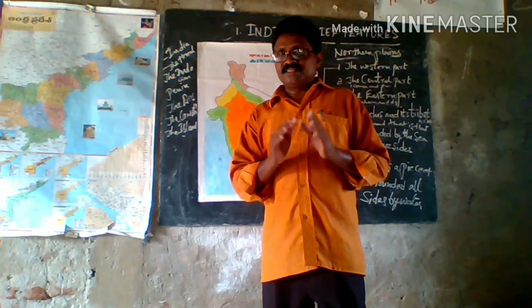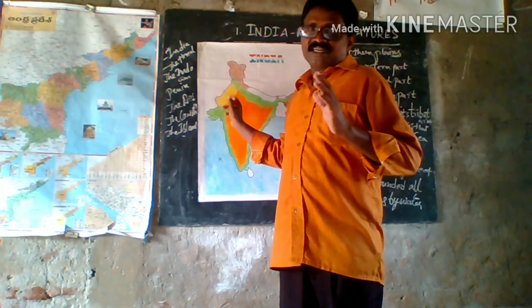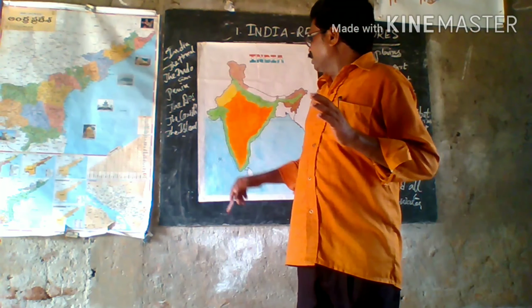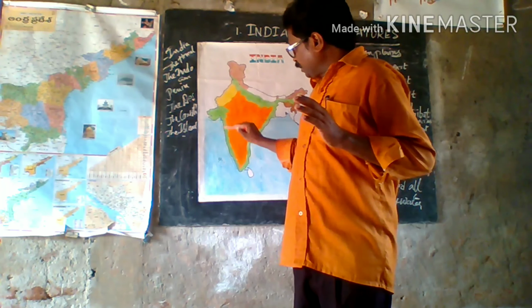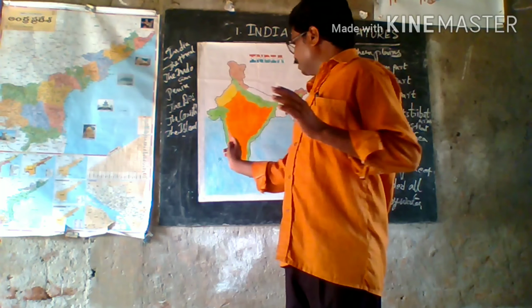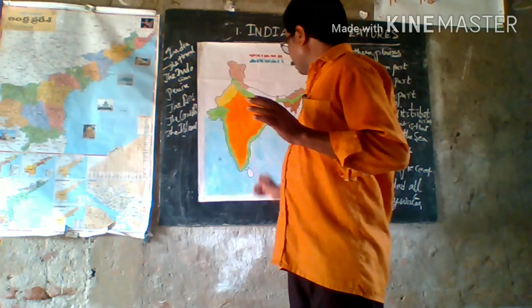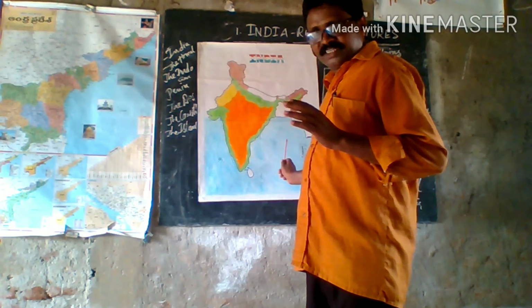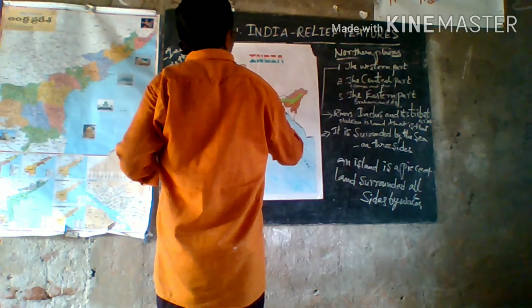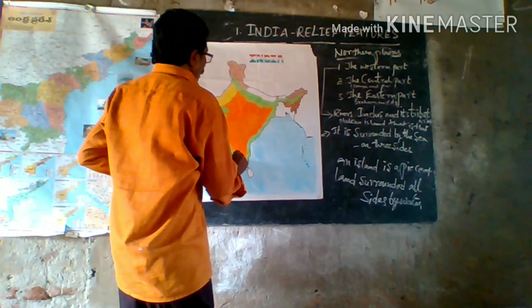That's why it is called the Great Indian Desert, the Thar Desert. Then the western coastal plains on the western side and the eastern coastal plains on the eastern side.